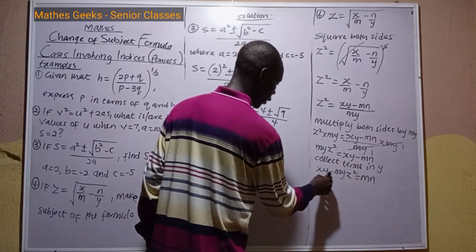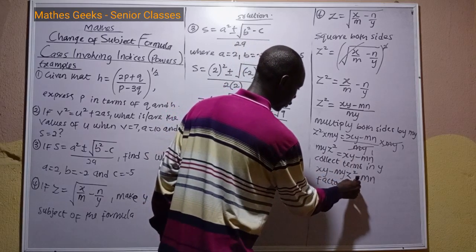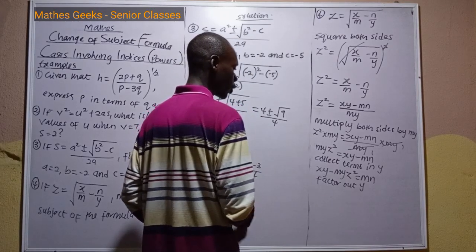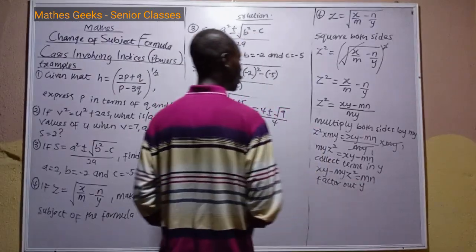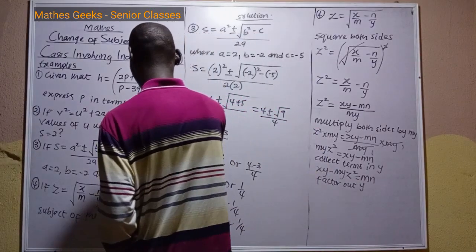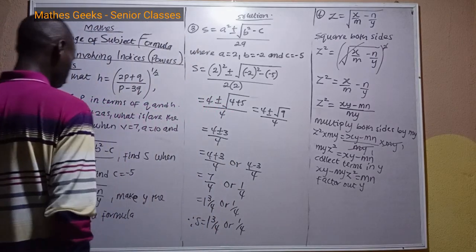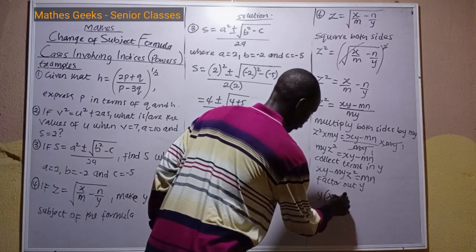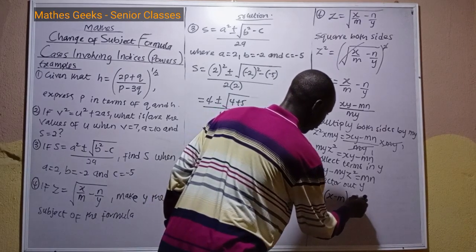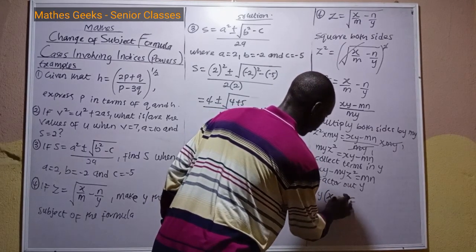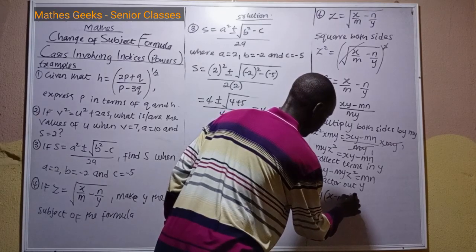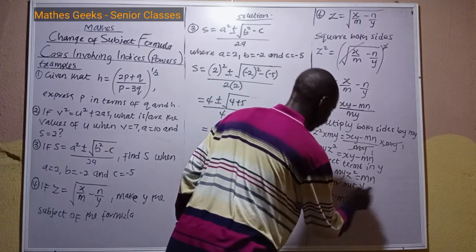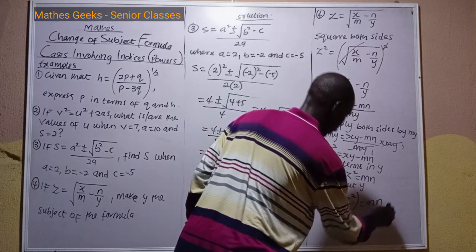So I'm going to factor out y, because we intend to make y the subject of the formula, which is what the question tells us to do. So y times (x minus n z squared) is equal to n.